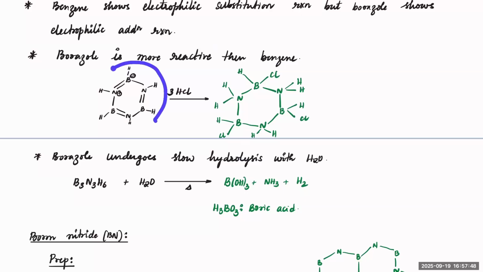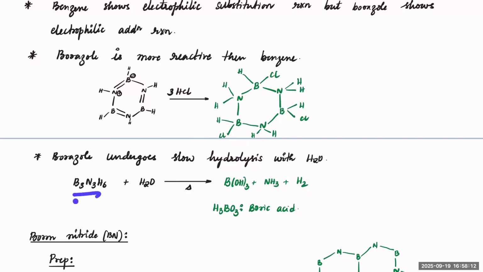If you notice, this is borazole here. When you react it with HCl, because addition is happening, H plus will get added here, Cl minus will come here. Again, H plus will get added here, Cl minus will come here. Like that, 3 moles get added. Next, borazole also undergoes slow hydrolysis with water.